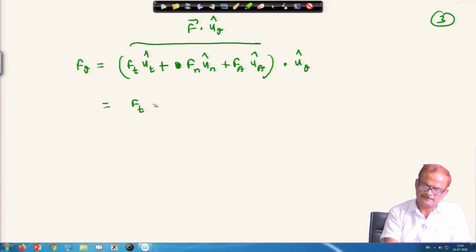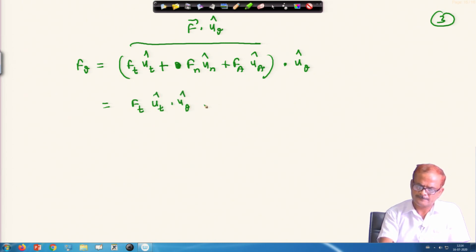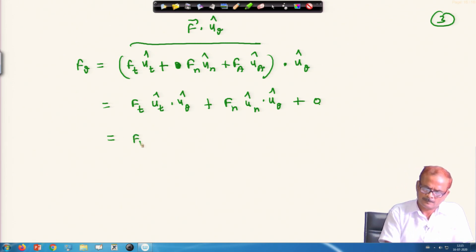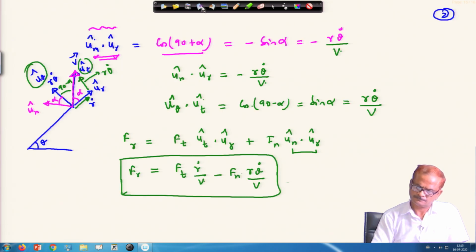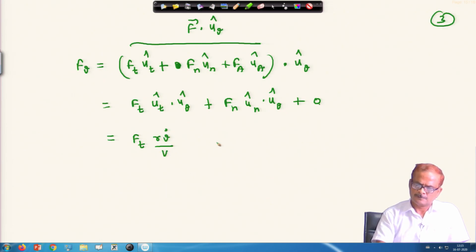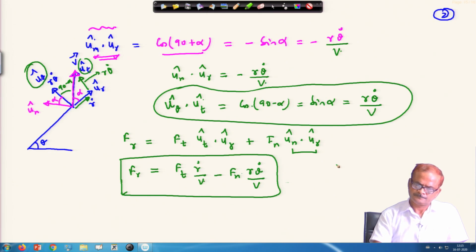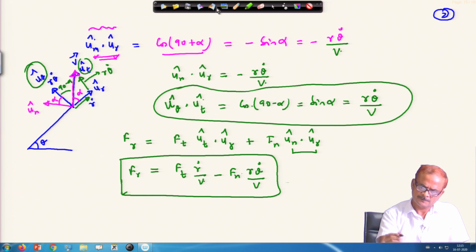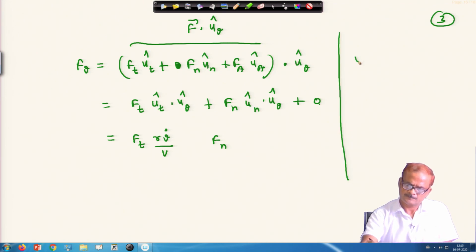From this place we have f t; all the coplanar vectors that are not perpendicular to each other will not be 0, and the rest will be 0, and this term will be 0 because they are perpendicular to each other. u t dot u theta, and here r theta dot. u n dot u theta we have not worked out, so we need to do that: u n cap dot u theta cap.